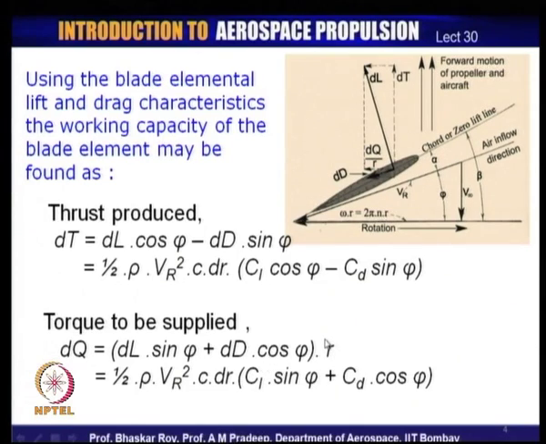Now, this torque has to be supplied by the engine, without which of course the propeller would not operate at all. So, this is how you create thrust, this is how the torque needed to be supplied by the engine is matched by the propeller requirement, and if this requirement is matched, and if we have a proper aerofoil deployed there with proper C_L/C_D characteristics, then you have the thrust production that is required for flying an aircraft.